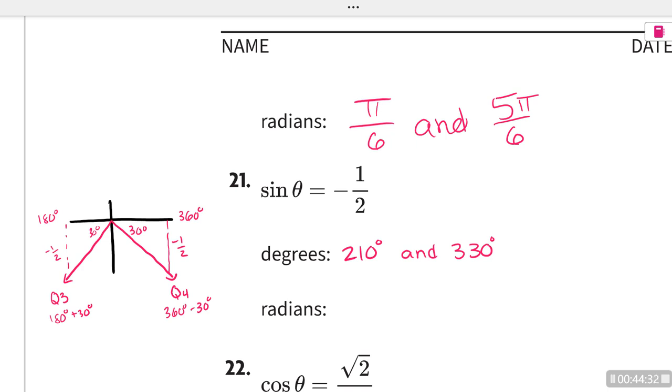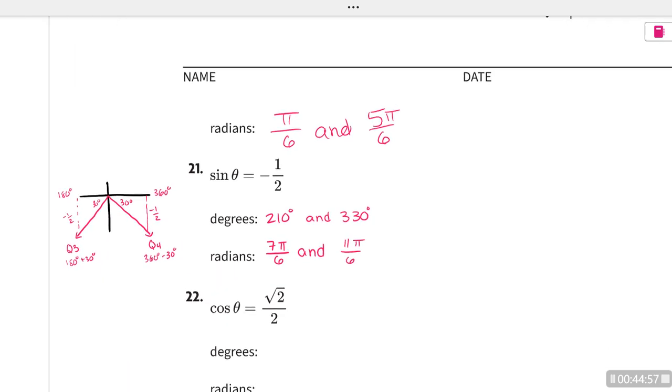For radians, the equivalent to 30 is pi over 6. Pi is equivalent to 6 pi over 6, so we're pi over 6 more than that, which means we're 7 pi over 6. And 11 pi over 6. Remember, a full circle would be 12 pi over 6, so we're 1 pi over 6 below that.